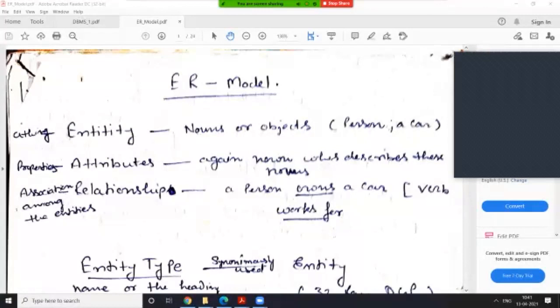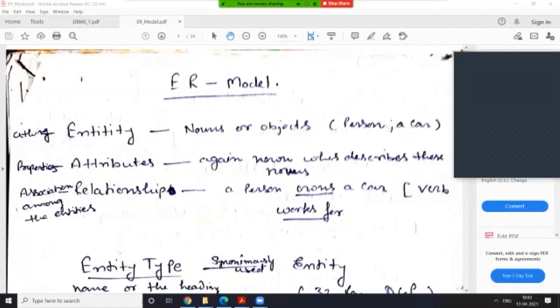So how will you identify entities in a given paragraph, verbal expression, or conversation? By understanding the various kinds of nouns and objects, you can easily identify those things which have their own separate existence.